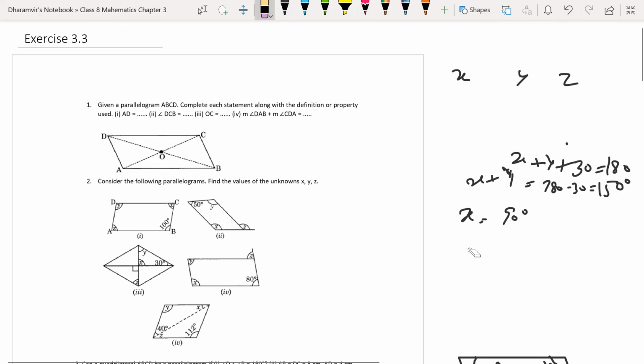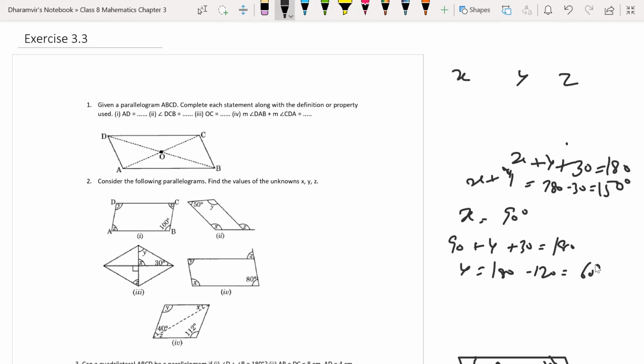X is 90, then 90 plus y plus 30 is equal to 180, or we can calculate 180 minus 120 is equal to 60. Y is 60, x is 90 and 30.